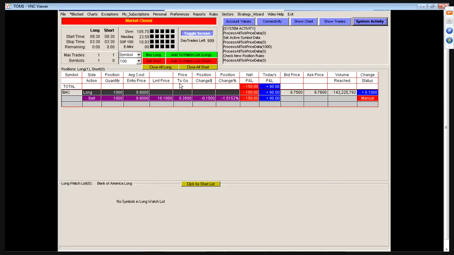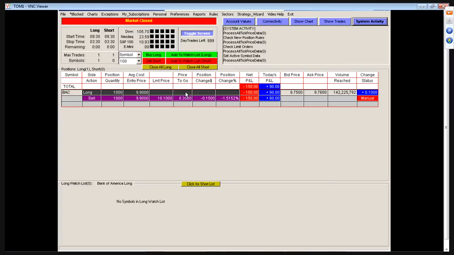Now the next column here is the price to go. So we need to go 35 cents in order to close that position profitably. A lot of these fields came about from the School of Hard Knocks, because in the beginning I didn't have these, like the price to go and the position change and the percent change.